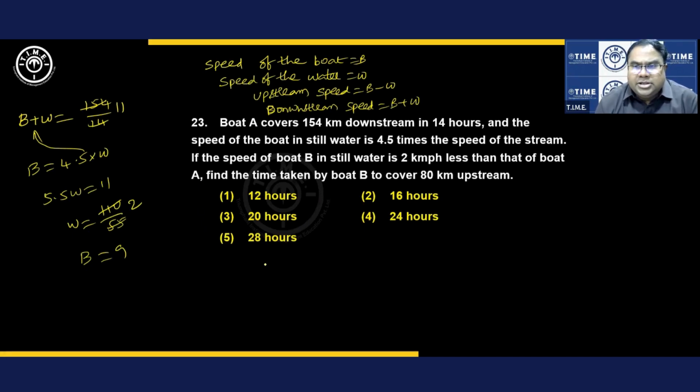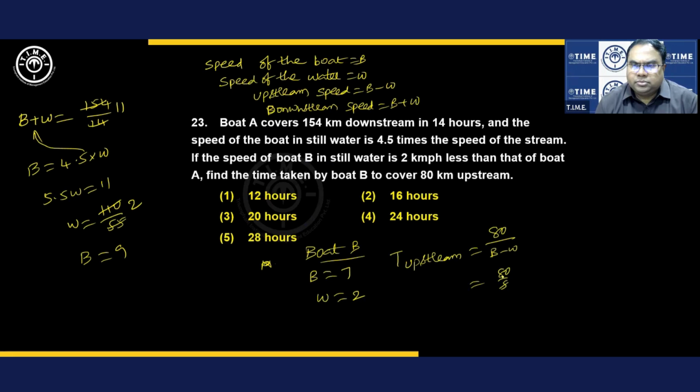Speed of the boat in still water 2 kilometers less than speed of boat A. So boat B value 2 kilometers per hour less, 7. Water there is no change. It will be 2. Time taken by the boat to cover 80 kilometers upstream. Distance by upstream speed, B minus W. 80 by 5. 16 hours. 16 hours is present in choice 2.